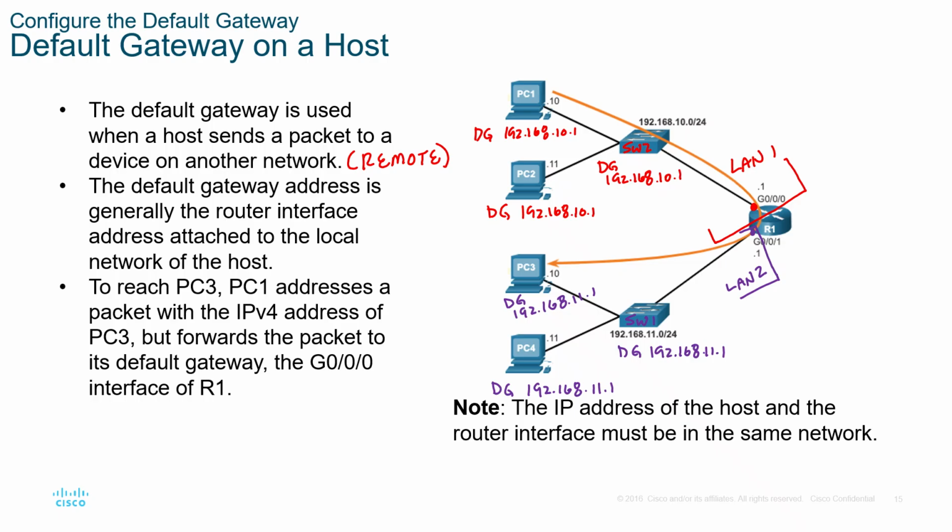So when we talk about networks, your default gateway has to have an address in the same network. Up top we have the 192.168.10.0 network, and then below we have the 192.168.11.0 network. So the IP address of the host and the router interface must be in the same network.